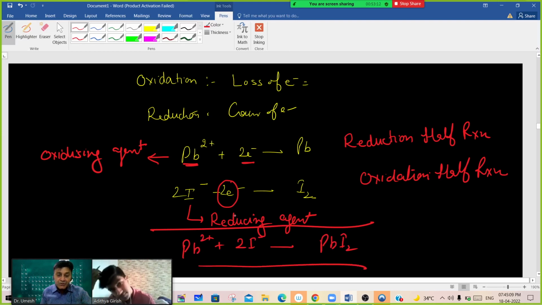In this reaction, lead ions are undergoing reduction, iodide ions are undergoing oxidation.